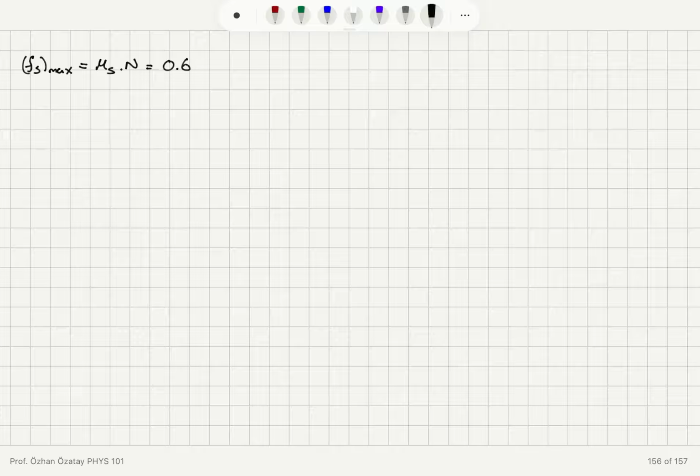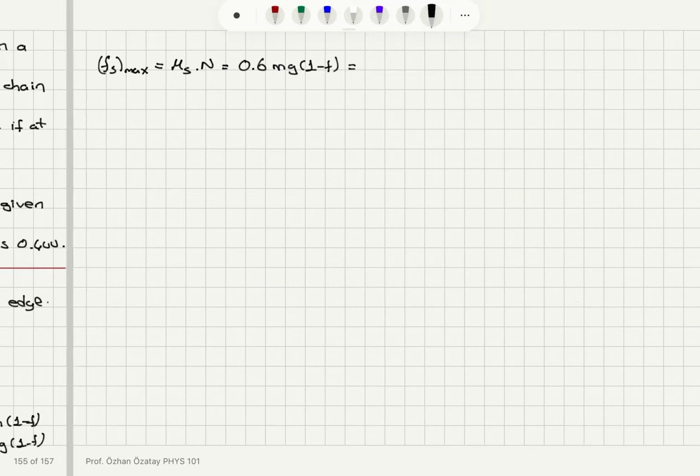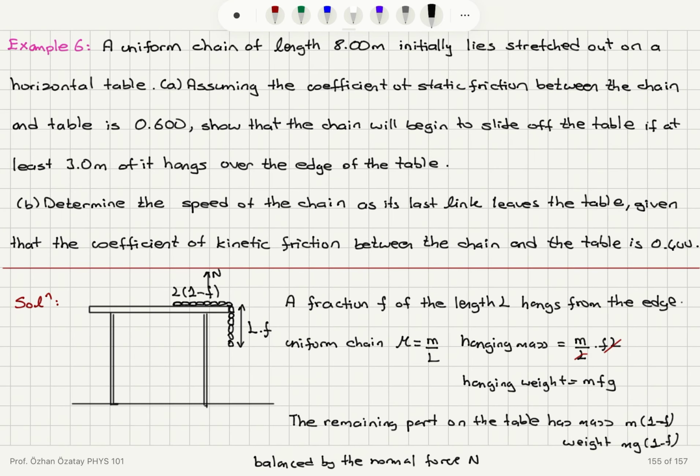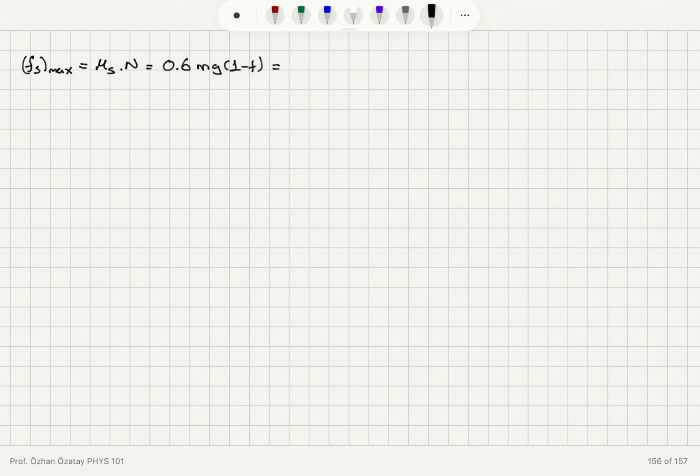The coefficient of static friction was 0.6. The normal force is mg(1 minus F), because it's balancing the weight that is on the table, and this force must be equal to the weight of the portion that is hanging, mgF.